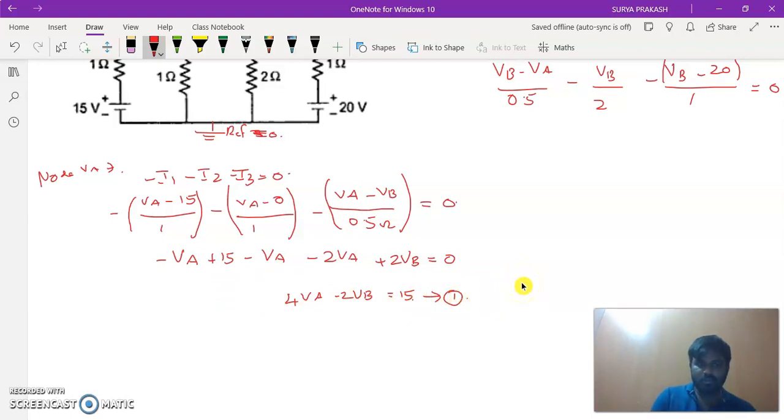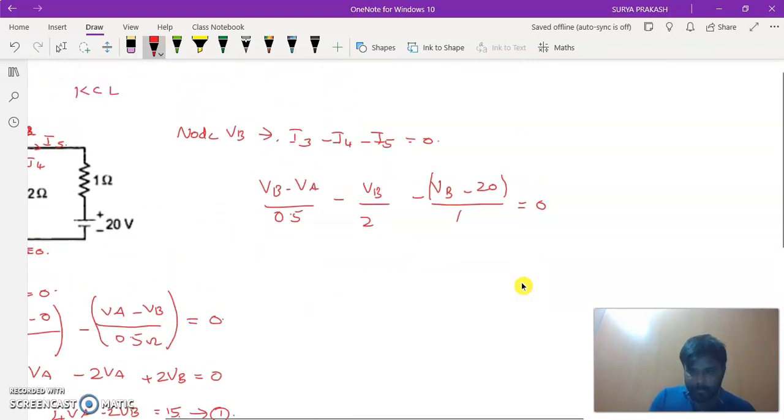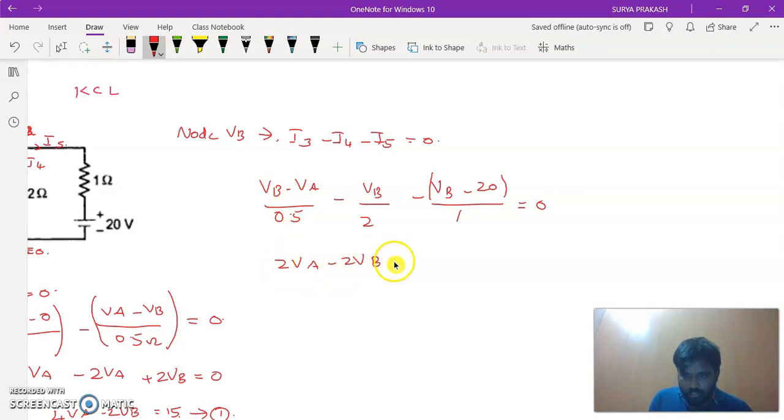Next we have to solve this particular equation. Once you solve it, you will get 2VA minus 2VB minus 0.5 VB minus VB plus 20 is equal to 0.